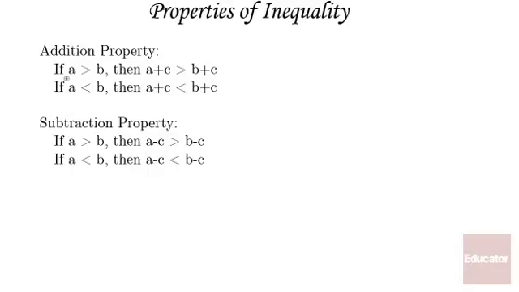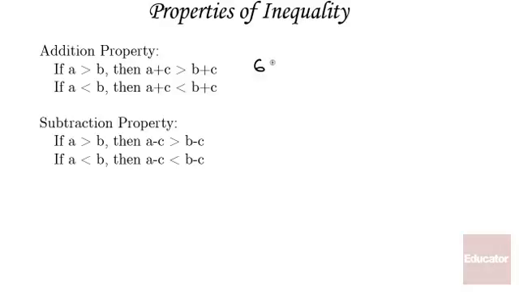The first one is that if A is greater than B, and you add the same number to both sides, this inequality has the same solution set as the original inequality. You can think of this using numbers to make it clearer.